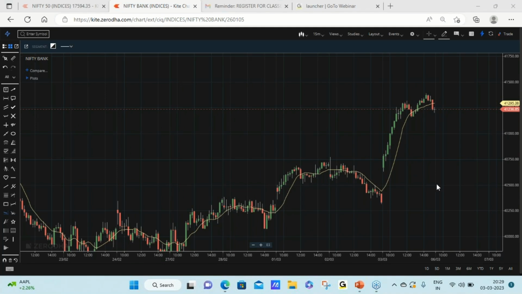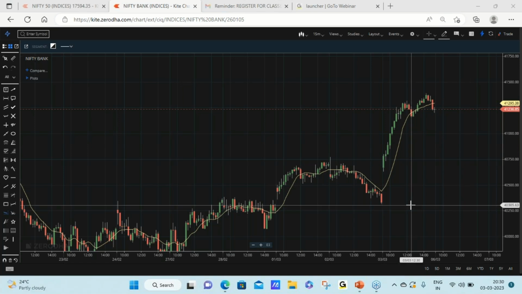So what is a moving average? Can you please tell me? So the moving average is plotted based on the past 10 candles' close price, right? So if candles are above the moving average, it is bullish. If candles are below the moving average, it's bearish, right?